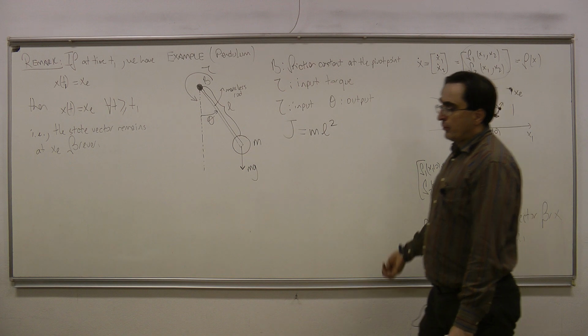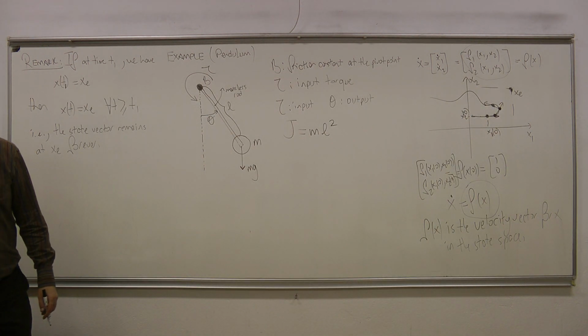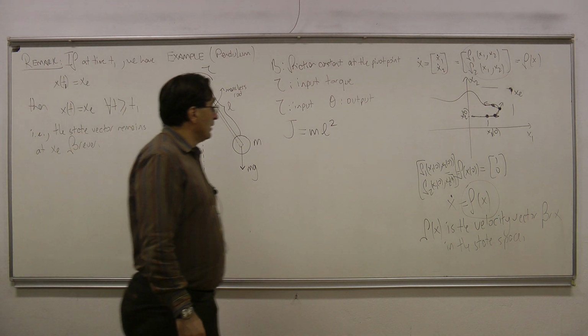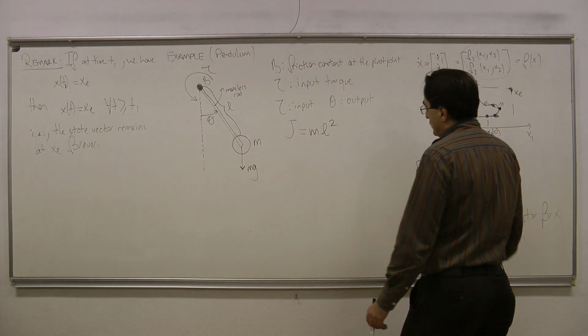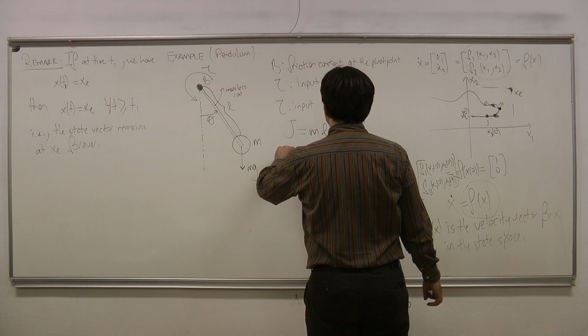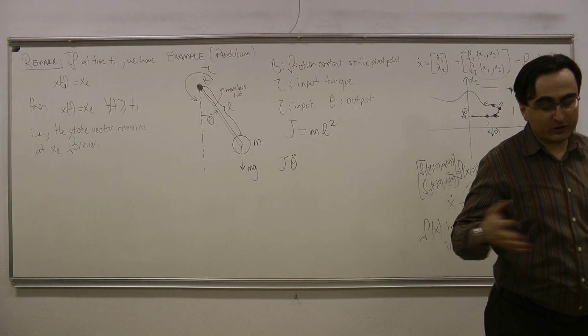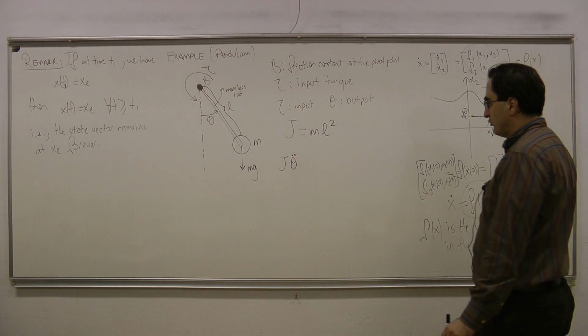So now let us first obtain the mathematical model of this pendulum. Everything is defined now. So the first thing that I'm going to do is to write J times theta double dot. Okay? I know that this is the inertia times the angular acceleration.